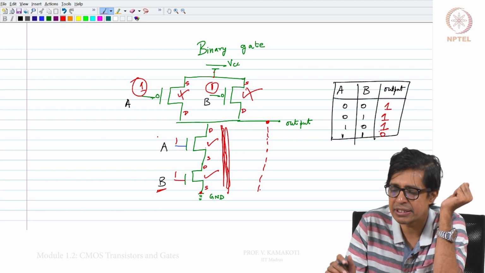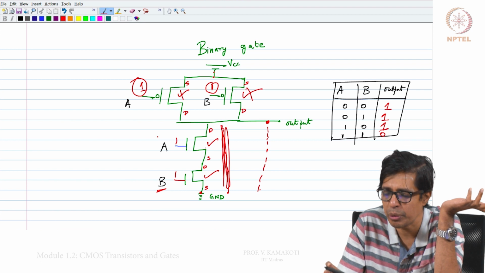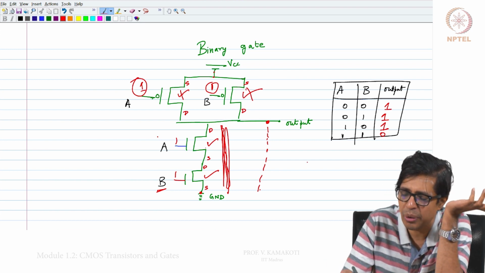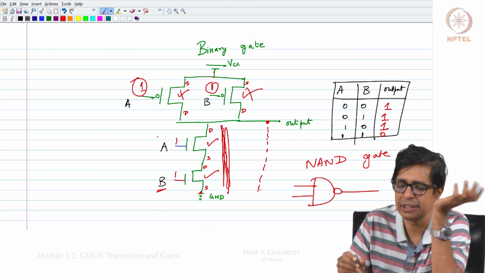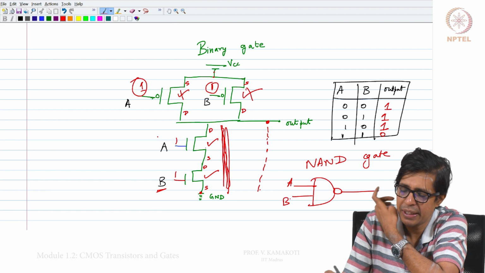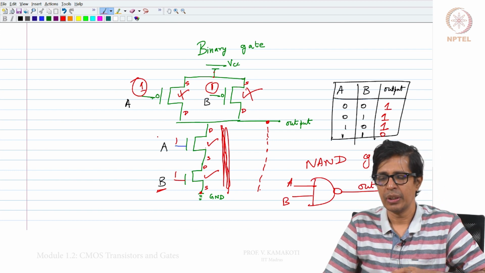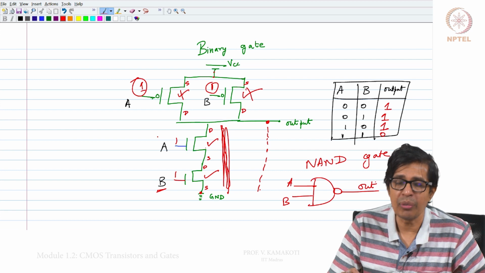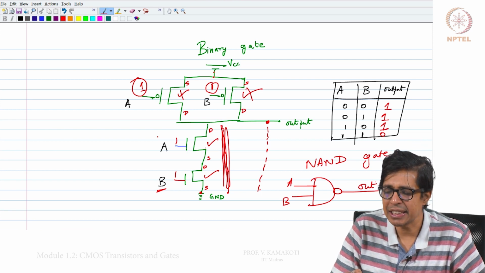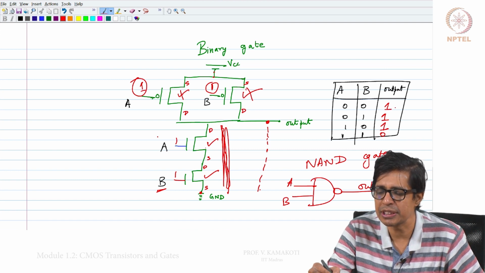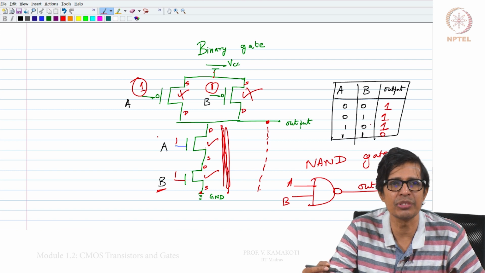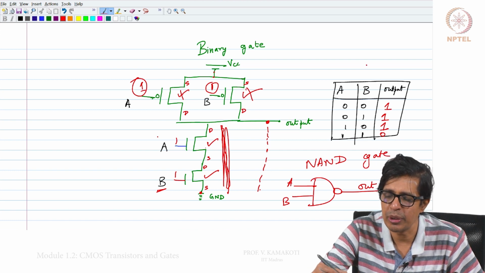So, this is a function which takes 2 inputs and gives me an output. This gate is called a NAND gate. And this is given by this symbol, with inputs A and B, and this is the output. The behavior of this NAND gate is described by this table, which says that if you give these 2 inputs, this is the output, for every combination of the inputs.